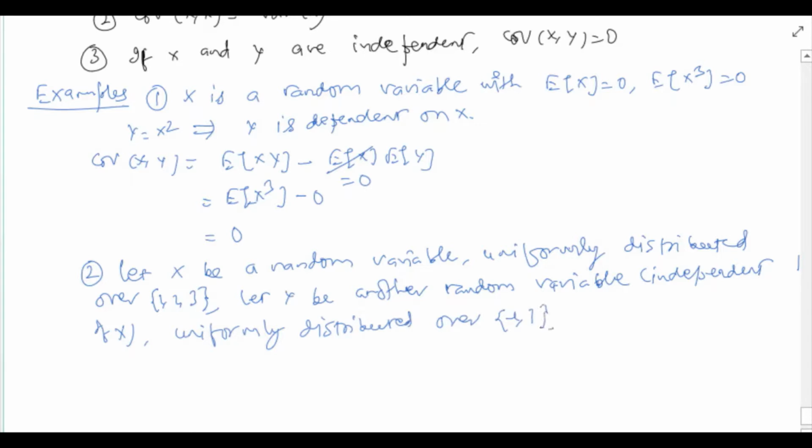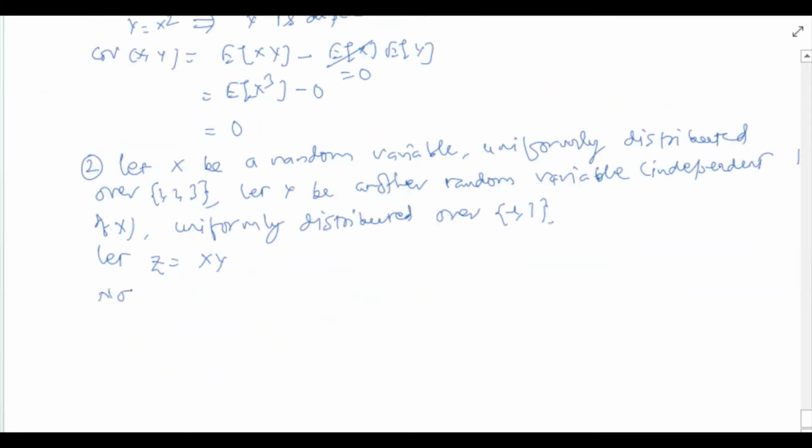Let us define a third random variable Z, which is the product of X and Y. Now consider X and Z. We will first show that X and Z are not independent.